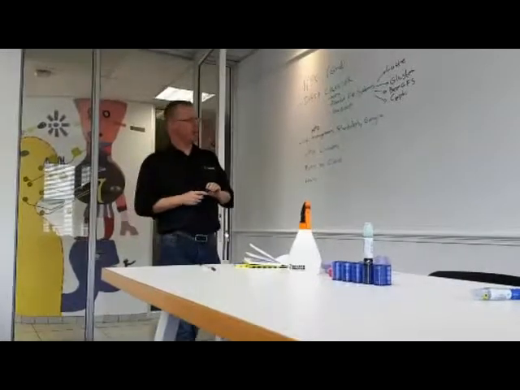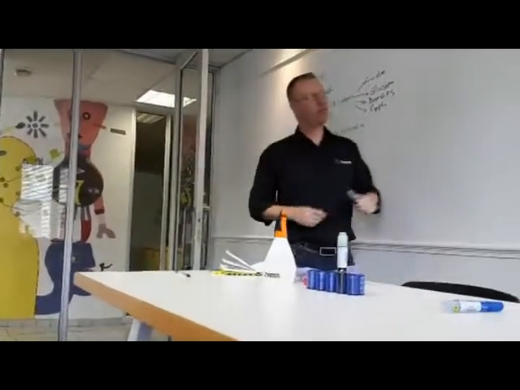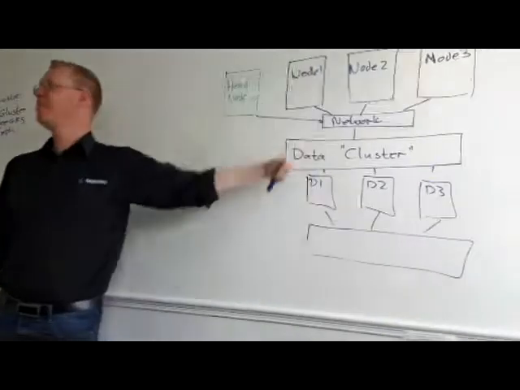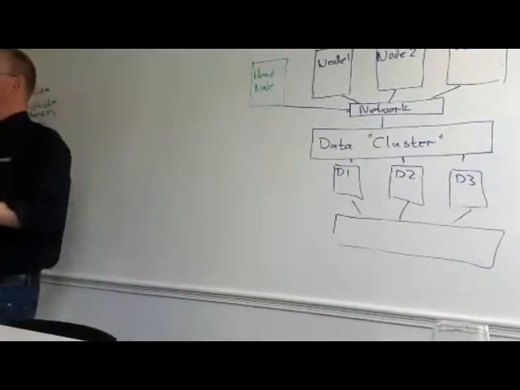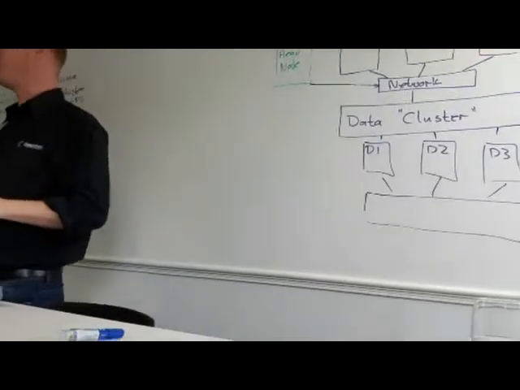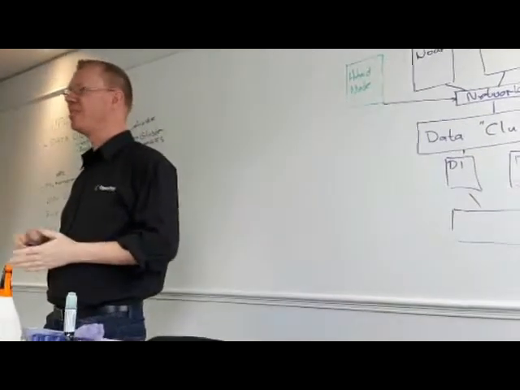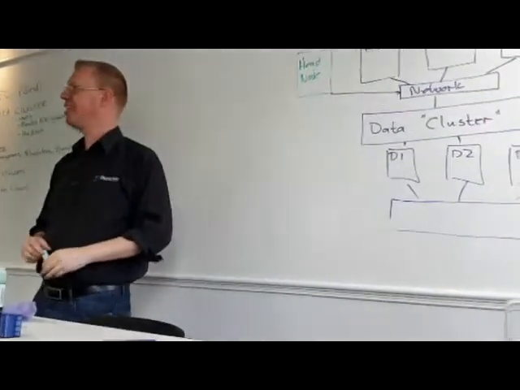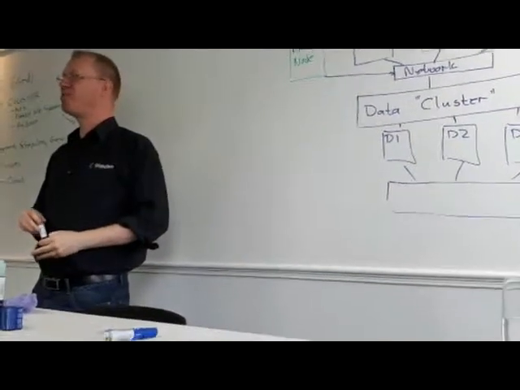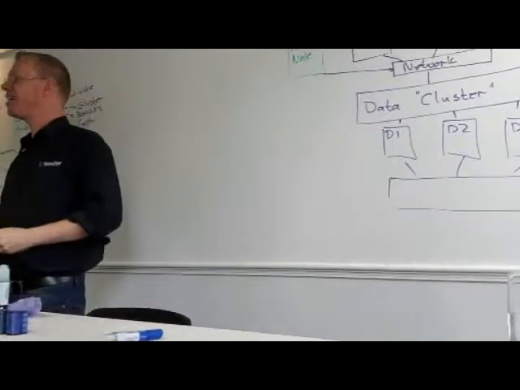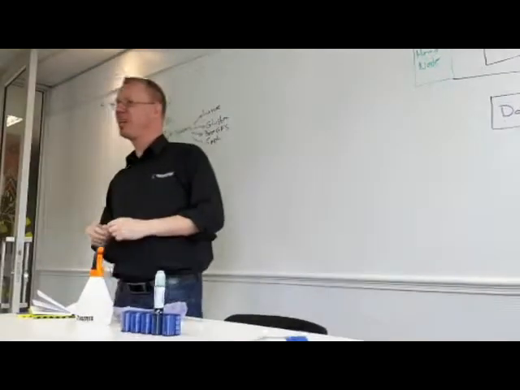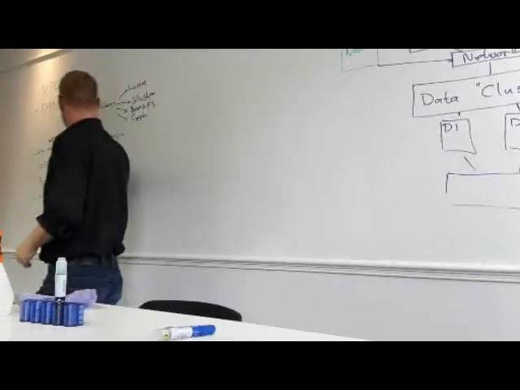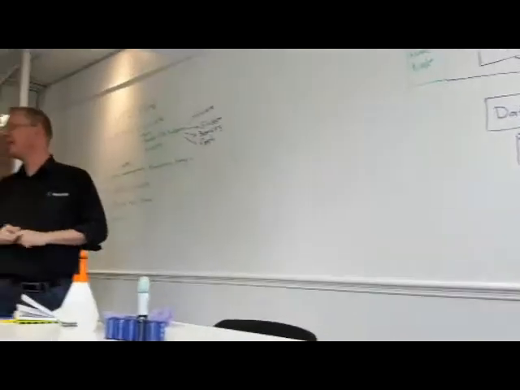The other management side of things is it's all good and well if you own all of this yourself, right? Because you can use all the resources and you can do what you want because you know what you're doing. What happens when you've got 10 people all using a cluster? It becomes quite contentious. You might get people shouting at each other and screaming and kicking. So this is where we get schedulers and resource managers.